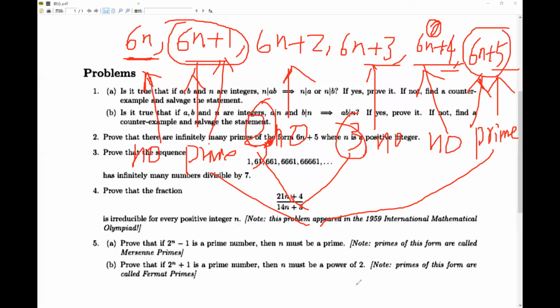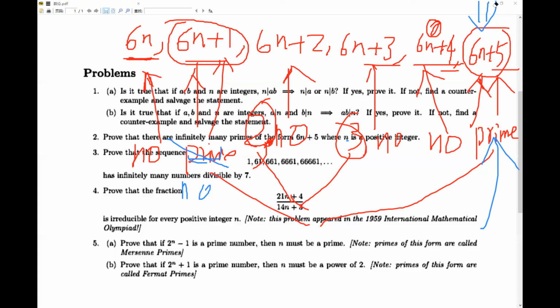If there were no prime numbers here, the question would be very easy, because every number must be here. Done, we prove it.